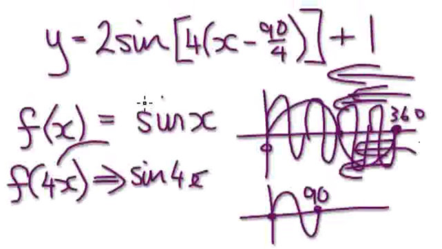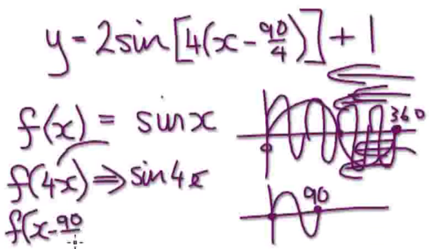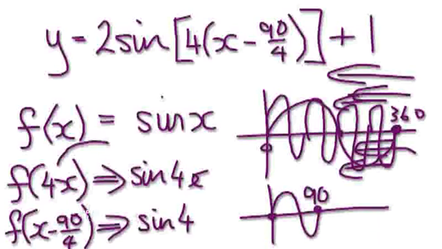Then from here, our next transformation would be f of x minus 90 over 4. That would give us sine 4, and remember, we are putting this into this thing here: x minus 90 over 4, and then close it off.